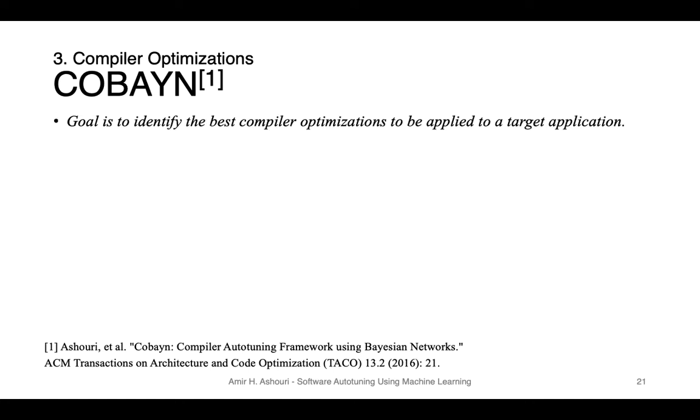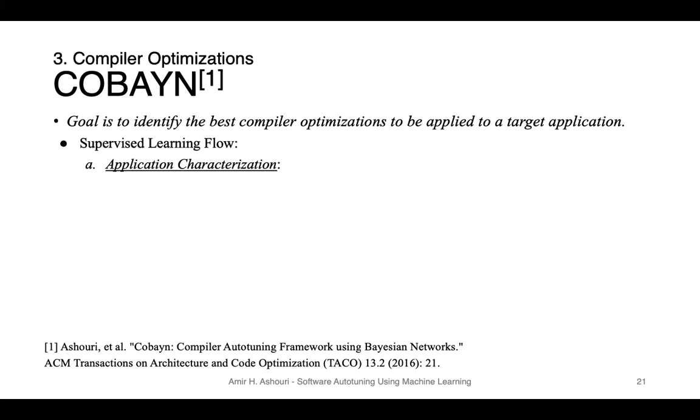So first of all, let's start with the first one, the work that tackles the selection problem. We called it COBAYN, and the acronym stands for Compiler Autotuning Using Bayesian Networks. The goal was to identify the best compiler optimization without disregarding the phases of the orders.